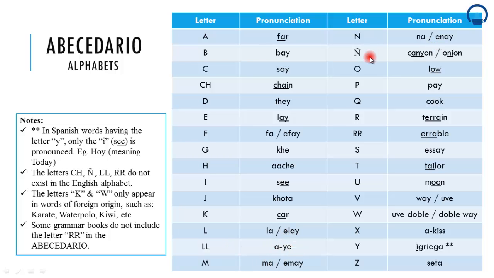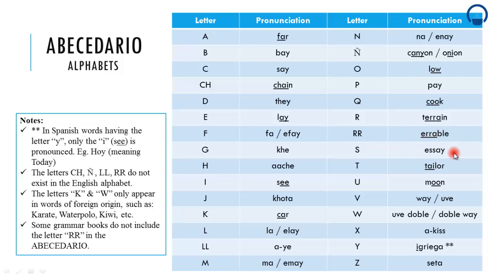N Na. N with a tilde mark above it is called Anye, just like the pronunciation in the English words canyon and onion. So the pronunciation in between, Anye. That's how this letter is pronounced. O, P, Pe. Q, Ku. R, Erre. Double R, Erre, just with a stress.